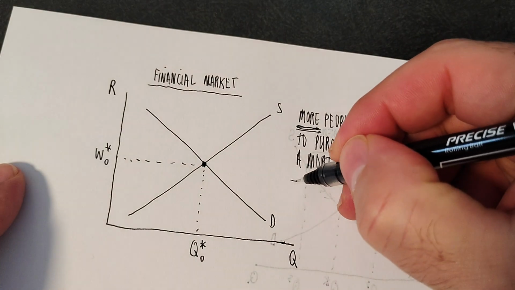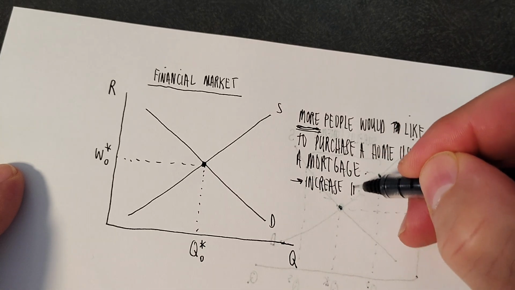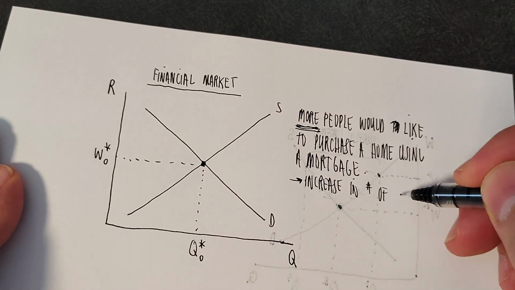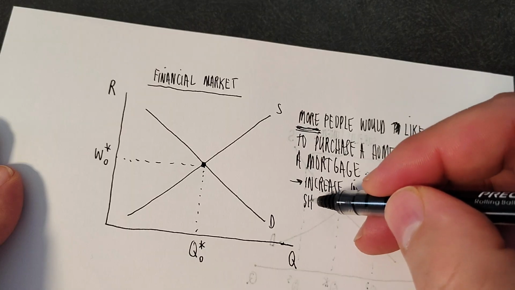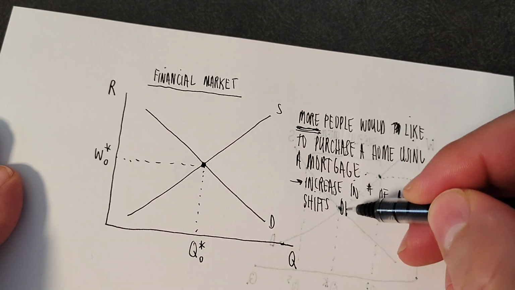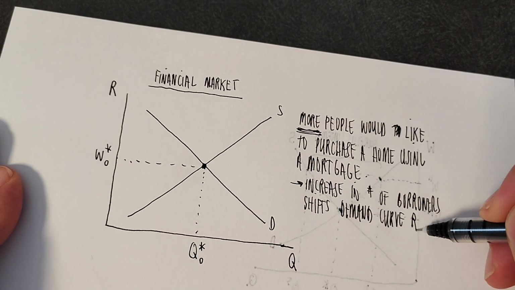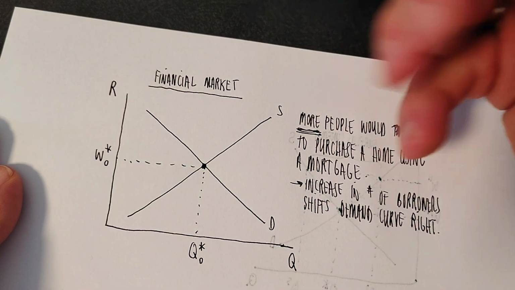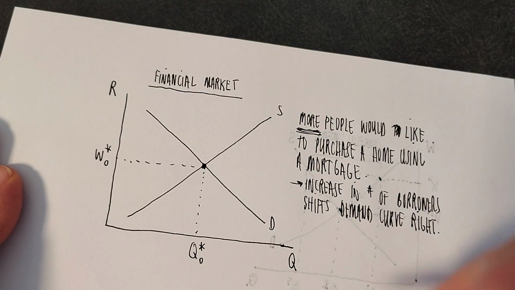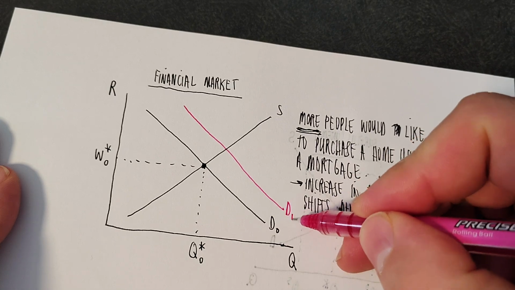So the increase in the number of borrowers shifts the demand curve to the right. Okay, so we can get something like this. Let me put a 0 there because now it's the demand curve that's shifting. All right, so we're going to have something like this here, D1.